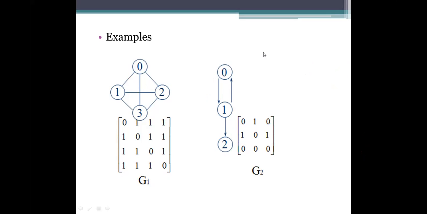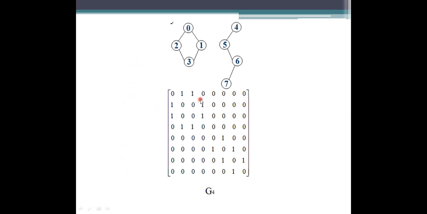Okay, and coming to the next example, this is an example we are using. This example consists of several nodes, which is 8 nodes. How many? From 0 to 8. So the matrix will be an 8 by 8 matrix. Okay, and coming to the self loop, we need to see whether there is one or not.